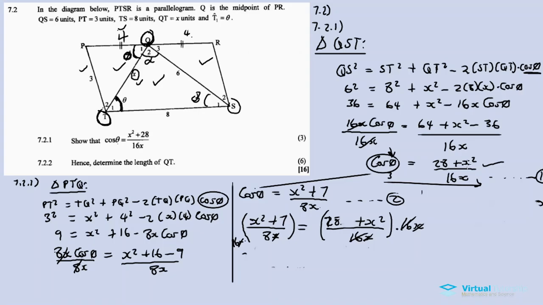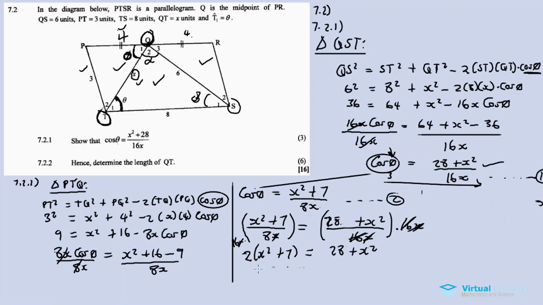I was surprised when I looked at it because it looked like a trinomial, but now that is fixed. The LCD is 16, cancel 16, x cancels x, and I am left with 2, so 2 x squared plus 14 is equal to 28 plus x squared.